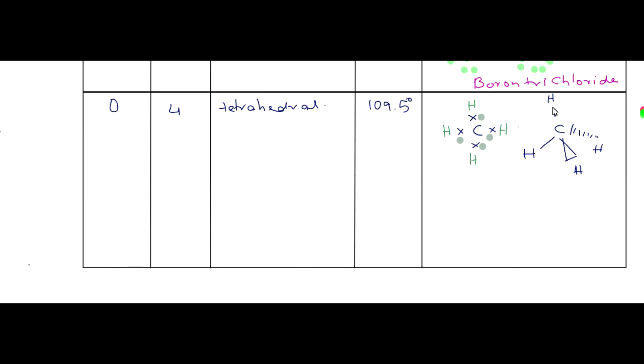The angle between all of the bonded pairs is going to be 109.5. The electrons will always want to arrange themselves in such a way that there is minimum repulsion between them. So in this case, they all arrange themselves 109 degrees apart from each other, equally spaced.